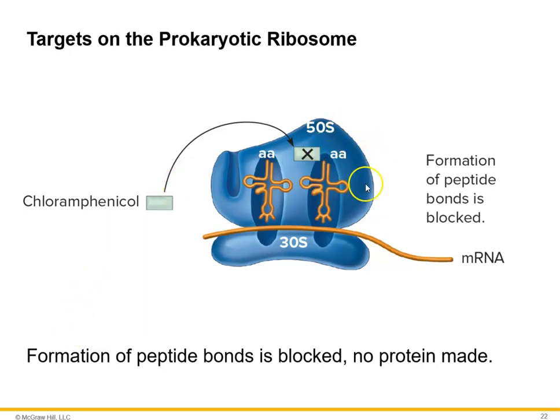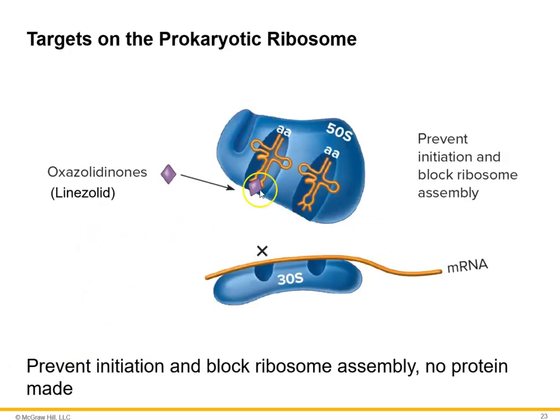Chloramphenicol blocks the formation of peptide bonds, so the protein chain cannot grow. Linezolid blocks the large subunit and the small subunit from coming together and assembling, and this results in lack of initiation. So the protein doesn't get started. It's not made at all.